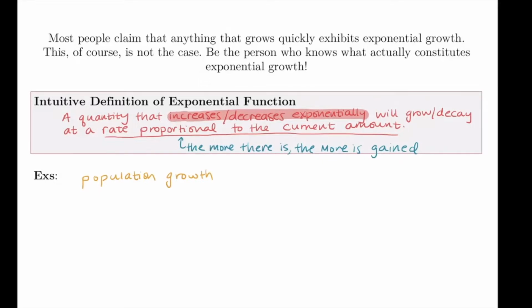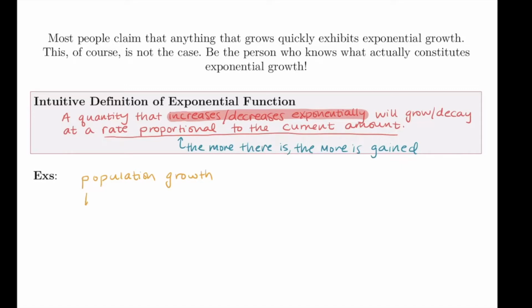But the idea of exponential growth, meaning that the rate of growth is proportional to the current amount, does apply to population growth, right? Because the more people there are, the more they generally reproduce and the more the population grows. The rate of change is dependent on how many people or animals or whatever are in the population being described.